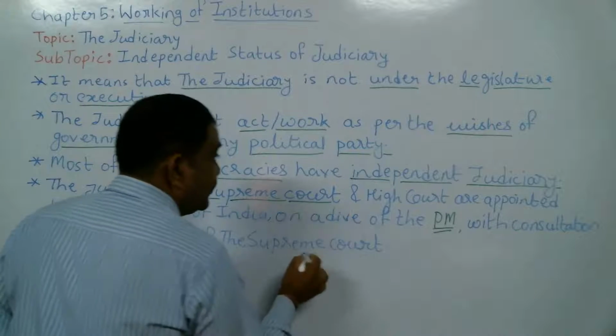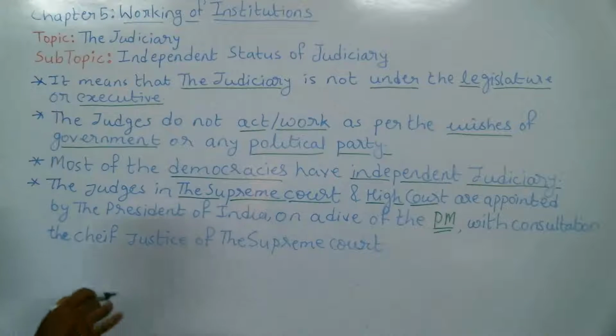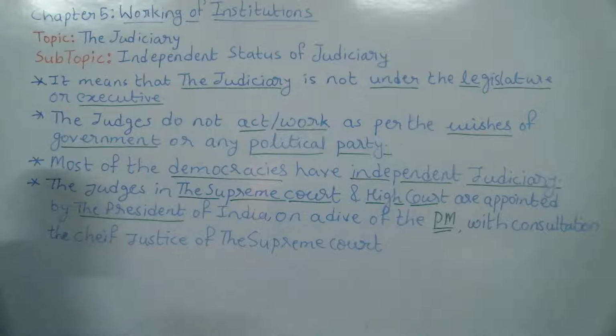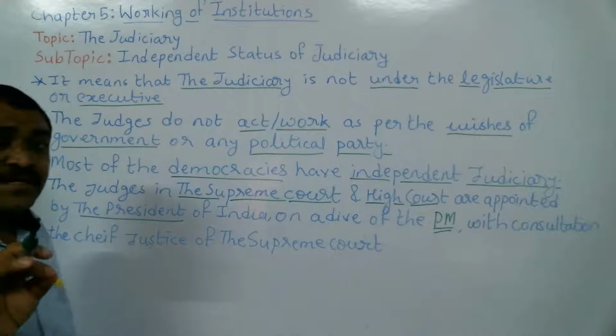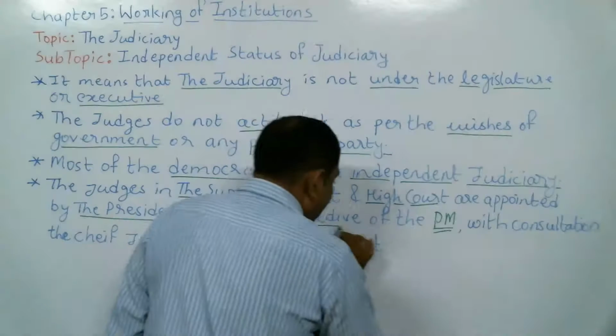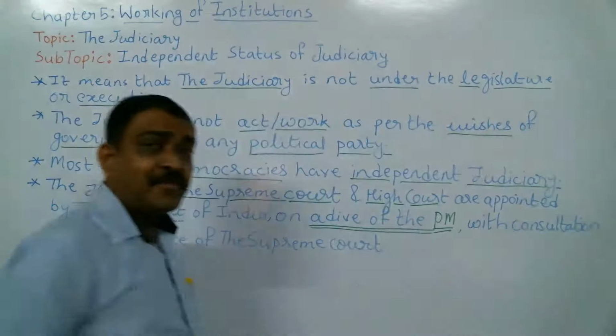In the Supreme Court as well as in the High Court, the judges are appointed by the President. So on their appointment letter, the President signs. But again, the recommendation, that is the advice, is given by the Prime Minister.